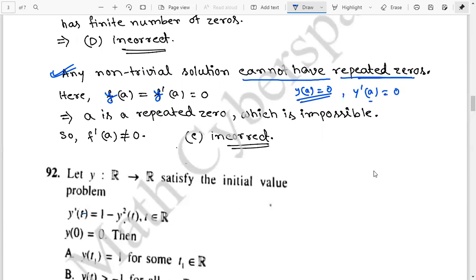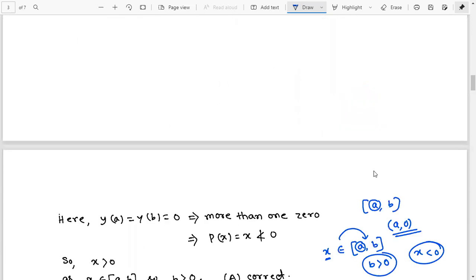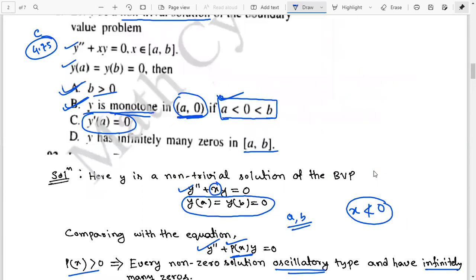That means a is a repeated zero, and here given that any non-trivial solution cannot have repeated zeros. That means y'(a) cannot be 0. So option C will be incorrect.